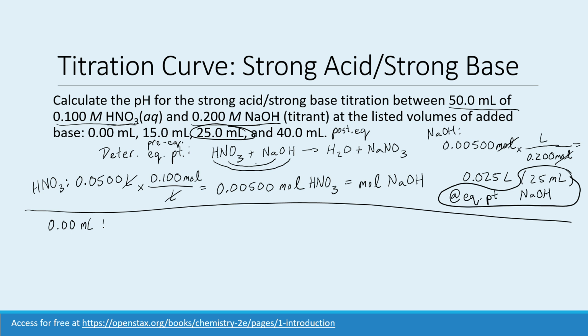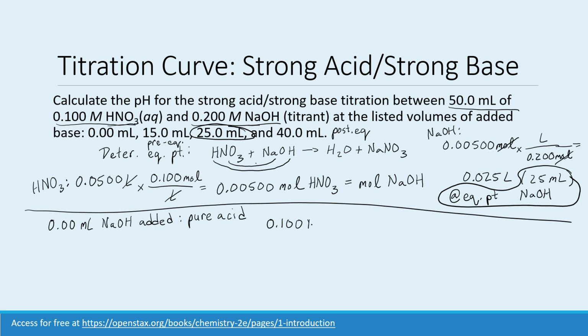So 0 milliliters, of course, is going to be our initial state. And therefore we've got pure acid. Okay, so if we've got pure acid, then especially a strong acid, that tells us the concentration of the hydronium ions, and it's very simple to calculate the pH there.